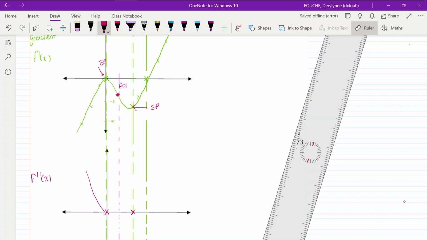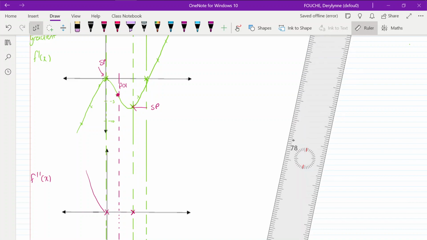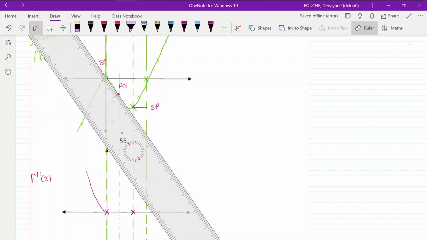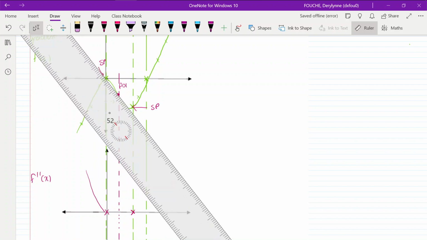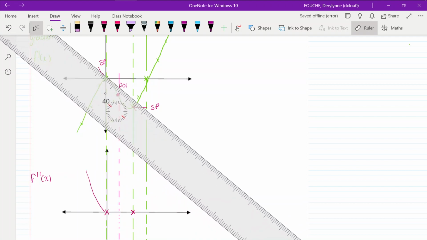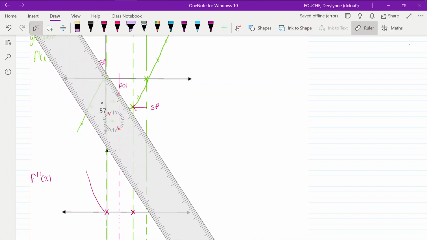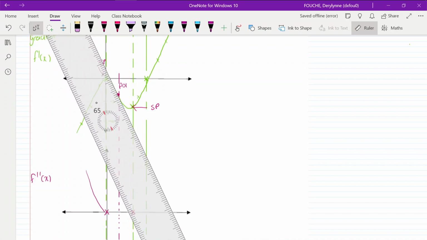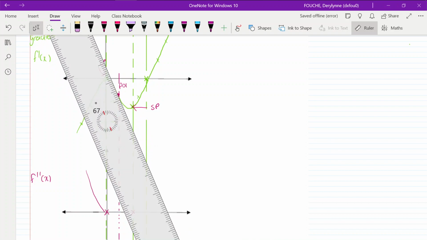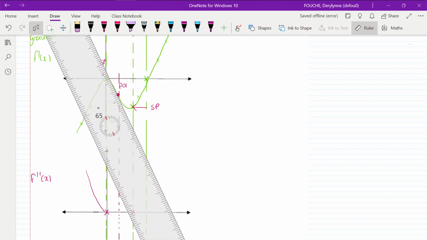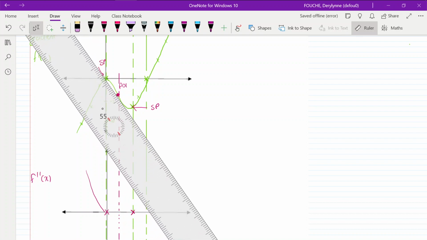Alright, then after my stationary point, if I were going to draw tangents, I'm going to draw negative tangents. Okay, and they start off not too steep, but they get more and more and more negative until my point of inflection. And after my point of inflection, they're going to get less steep again.